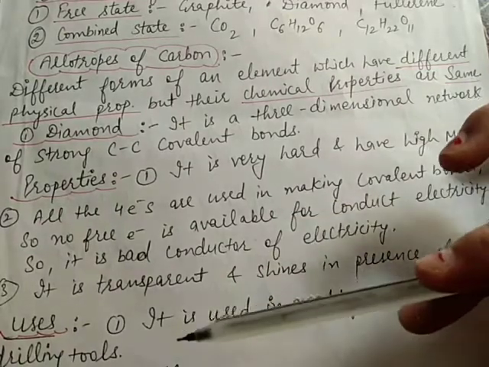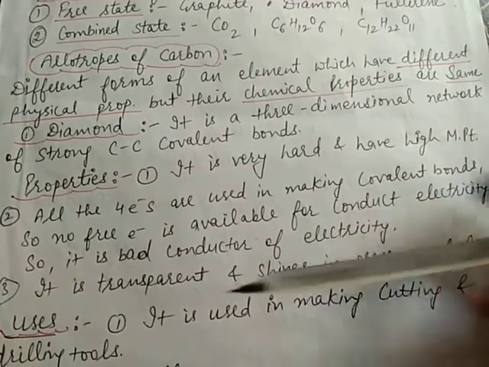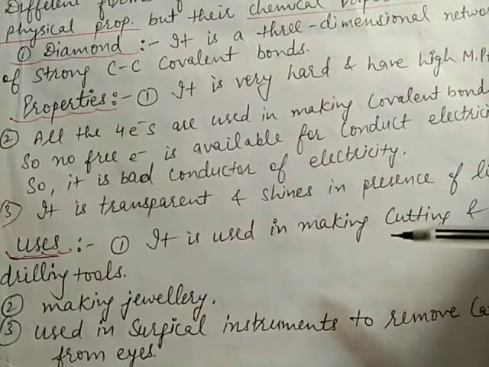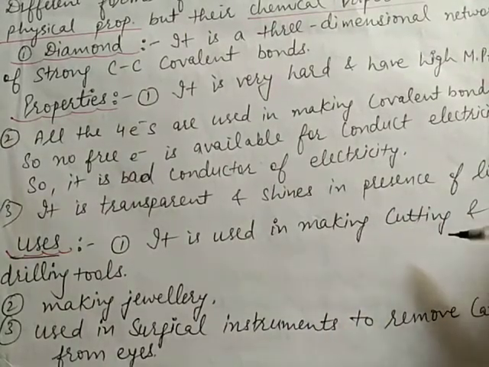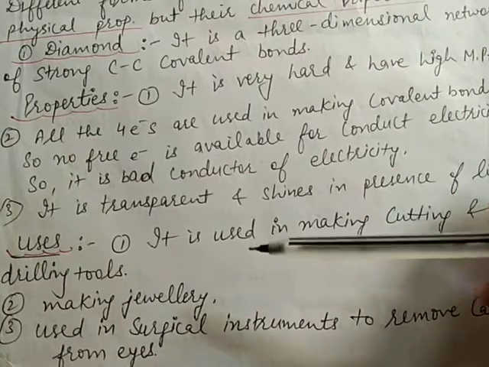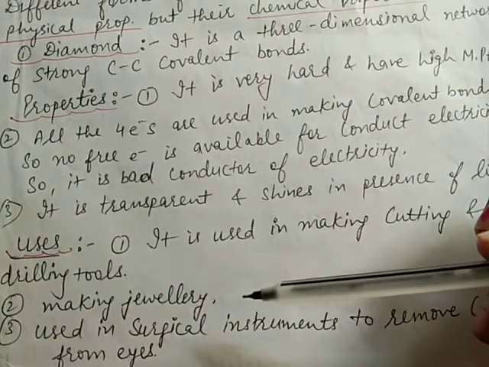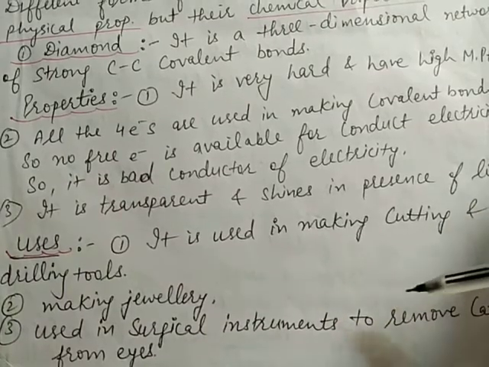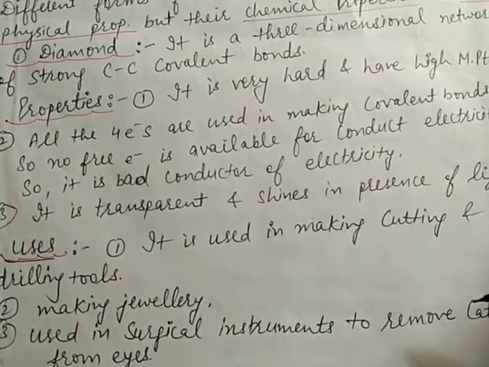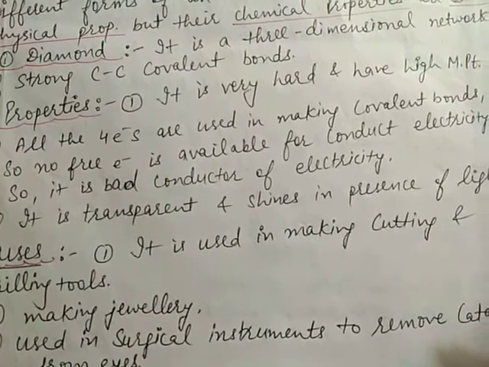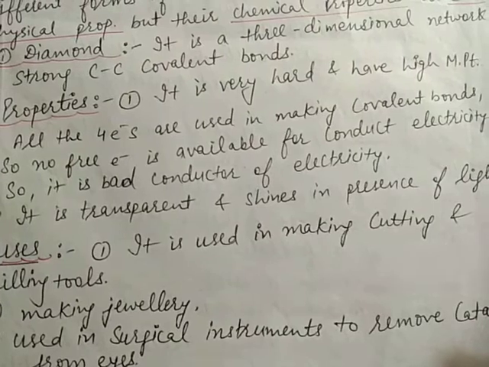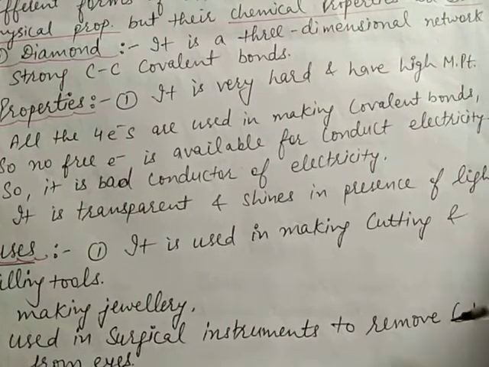Now what are the uses of diamond? First use is it is used in making cutting and drilling tools. Second, making jewelries. Third, used in surgical instruments to remove cataract from eyes.